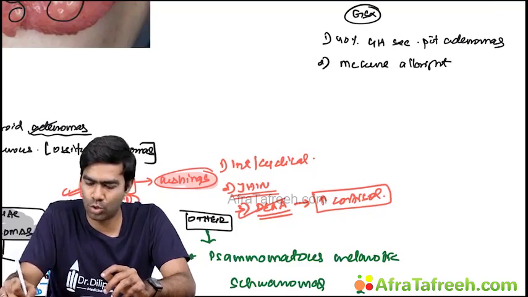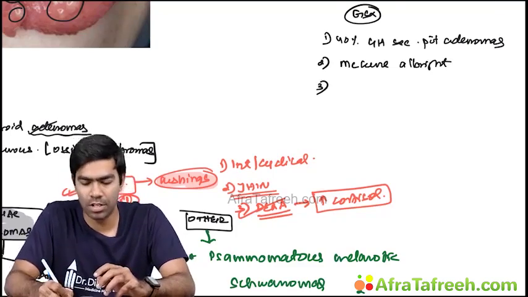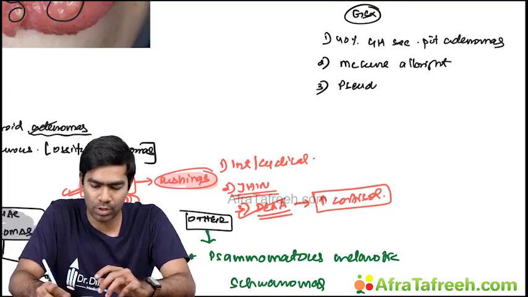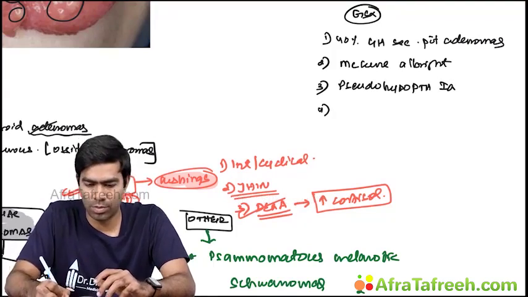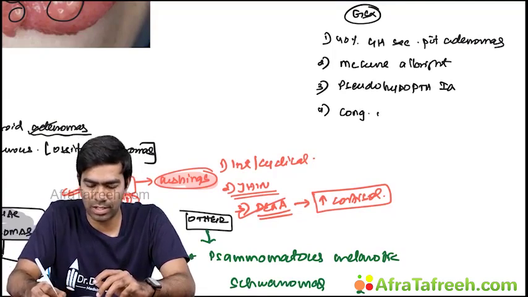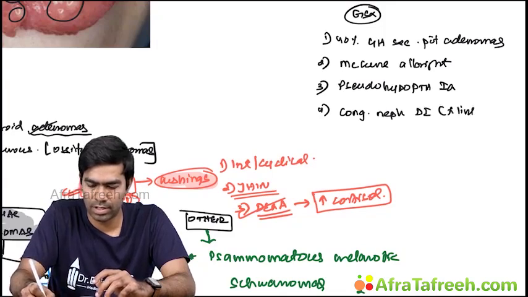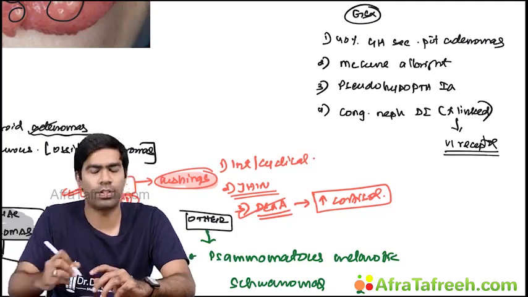Next 2 entities you have to know: pseudohypoparathyroidism type 1A. Number 4, you can get congenital nephrogenic diabetes insipidus, that is X-linked. It is due to mutations of the V2 receptor gene.